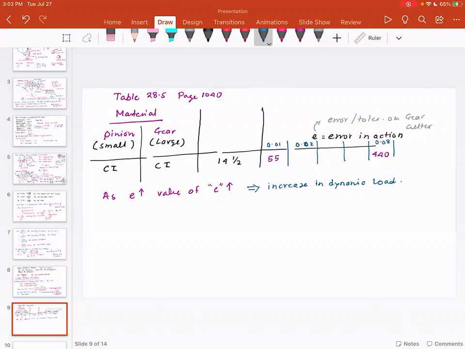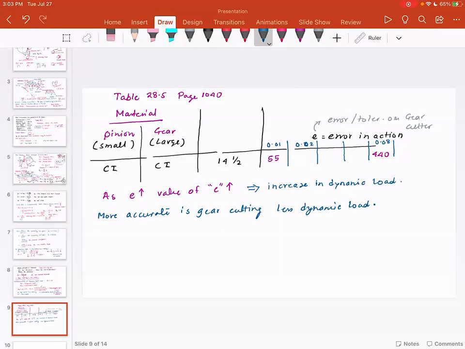So the more accurate the gear cutting is, the less dynamic load you are going to have. And many a times, there is a design compromise.